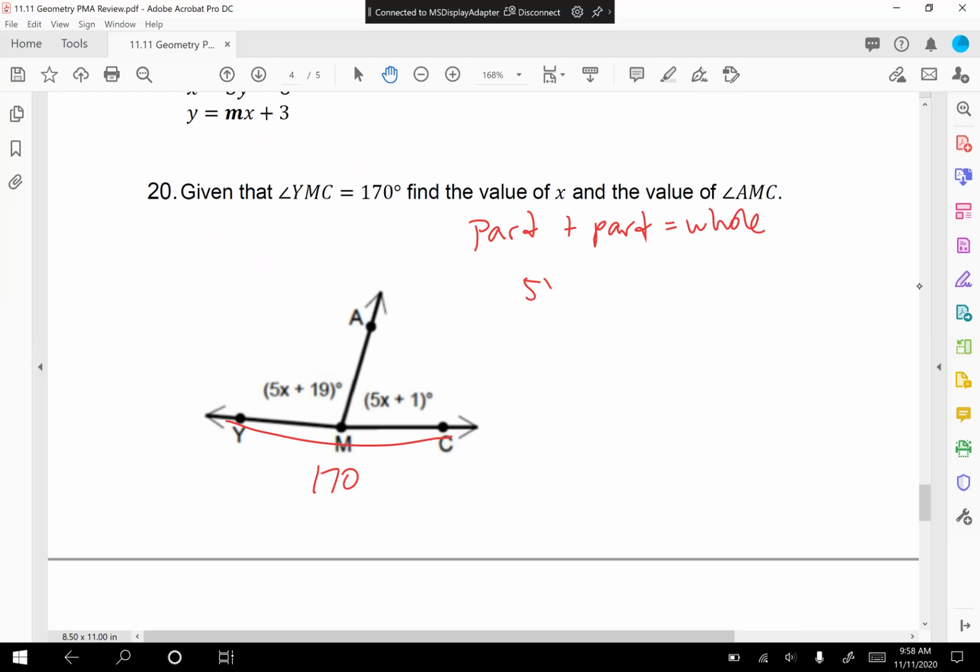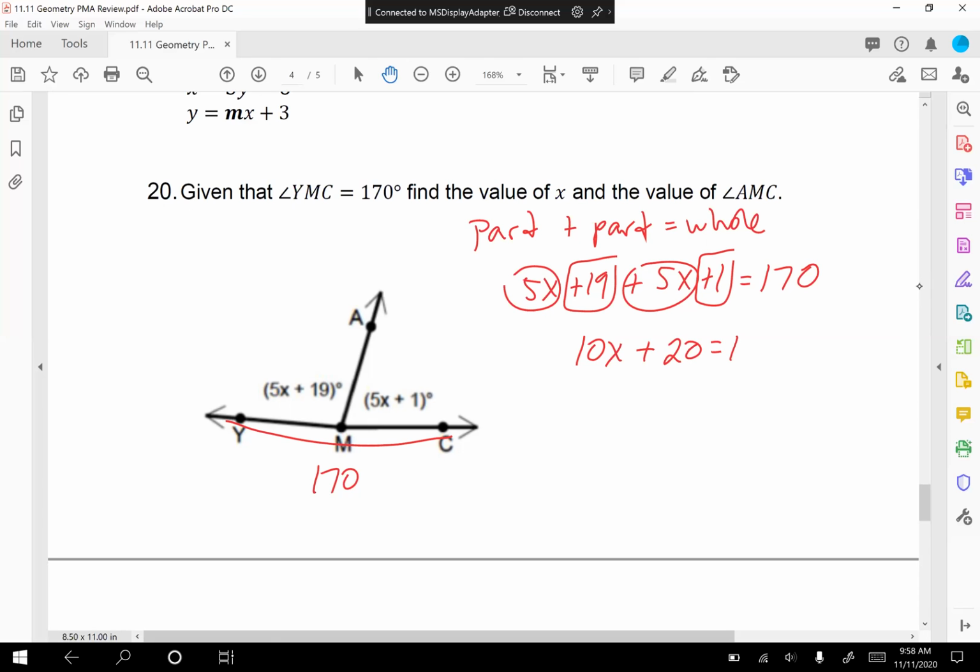So this 5x plus 19 plus 5x plus 1 equals 170. Combine like terms: 10x plus 20 equals 170.